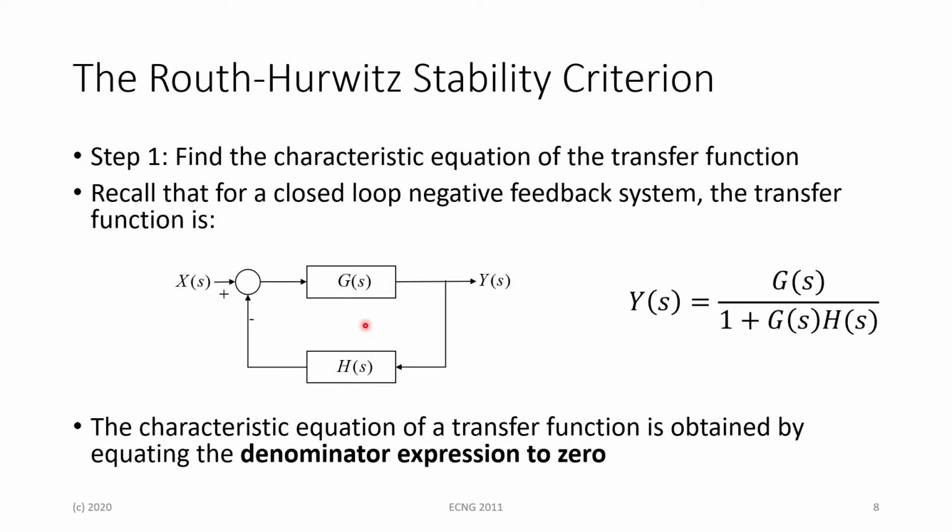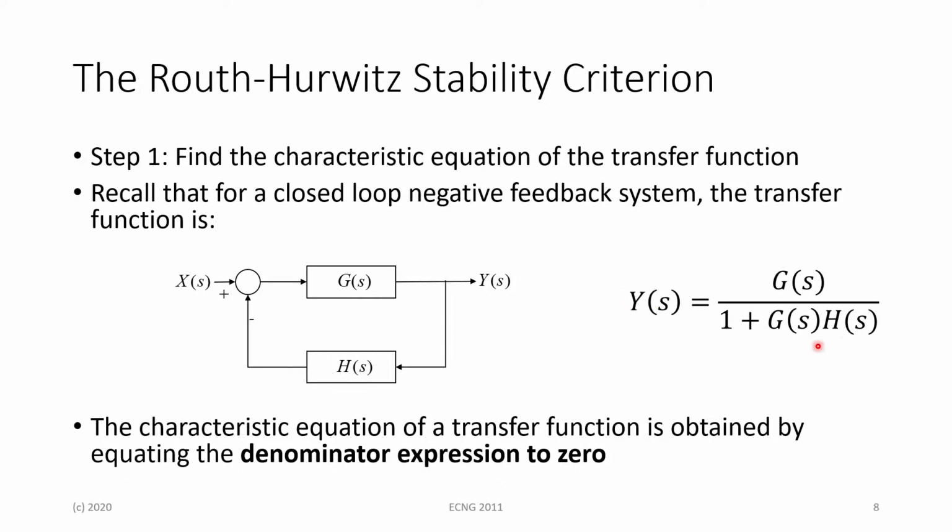As I mentioned before, the first step is that you need to have the system transfer function itself, meaning that you need to have y of s divided by x of s here, our outputs divided by our inputs. And because we had our closed-loop negative feedback system, this is the reference equation for that system.